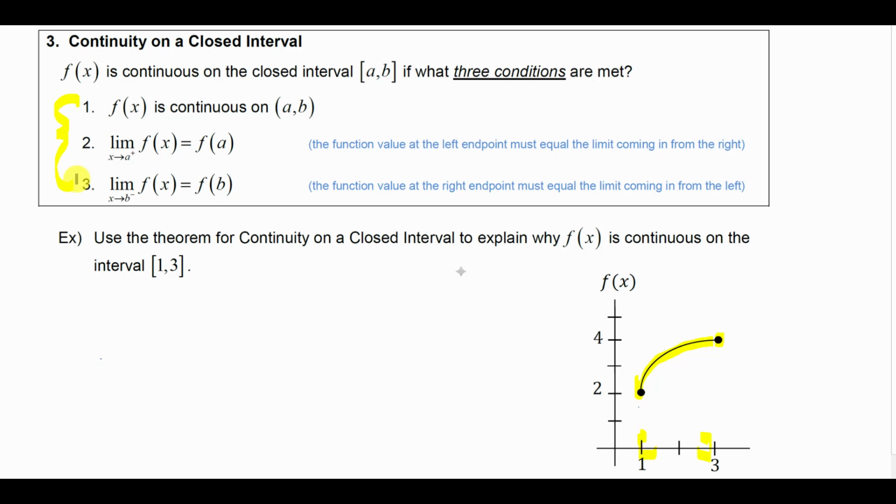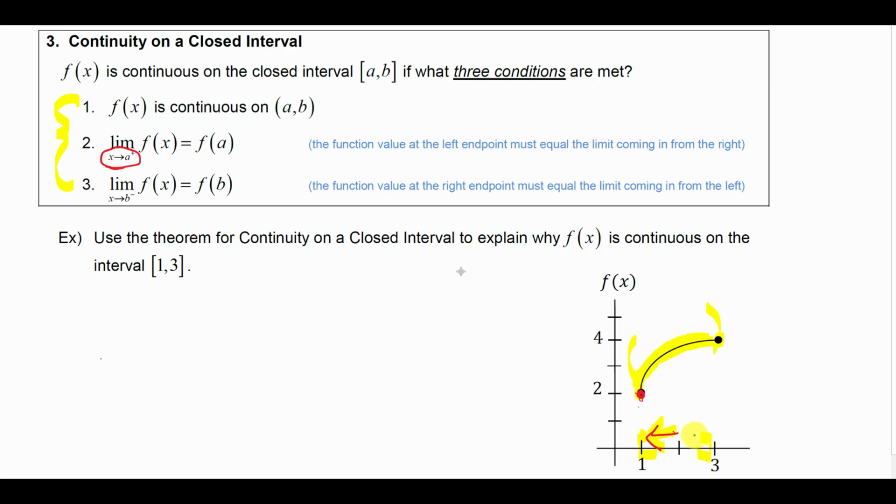So this is how we define continuity on a closed interval. First, f of x is continuous on the open interval a to b, so there is no gap, no jump, and no hole in between the endpoints. And we only look at the right limit at a because there is no left limit of this function. And that's equal to the function value.